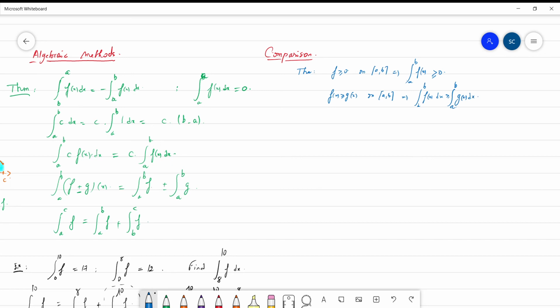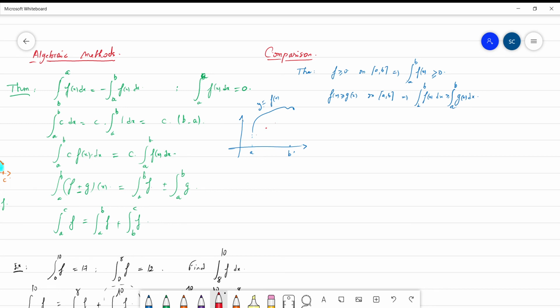Geometrically, you have a function f over an interval [a, b]. Let's say here is my f, and I am told that we have a function g that remains less than f. For any x over the interval [a, b], g of x is less than f of x.